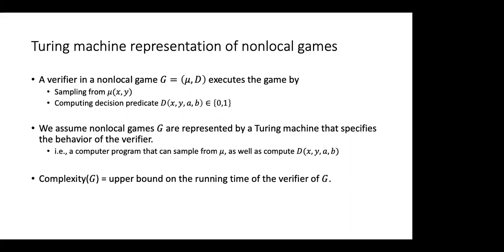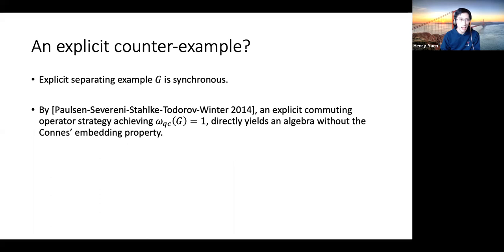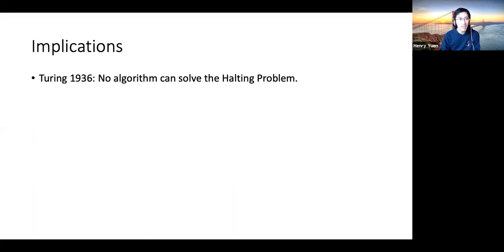So if I could stop you for a moment, just to confirm, there is a Turing machine which accepts as input a Turing machine, and as output it computes a non-local game? Well, it takes in a description of a Turing machine M and outputs another Turing machine that describes a non-local game.